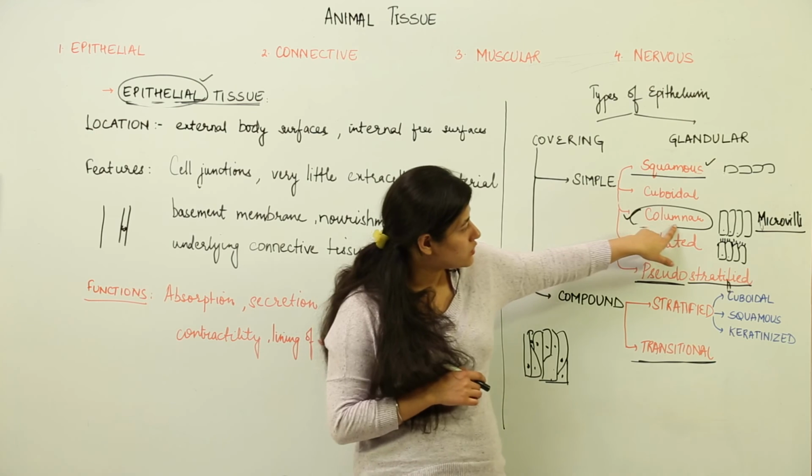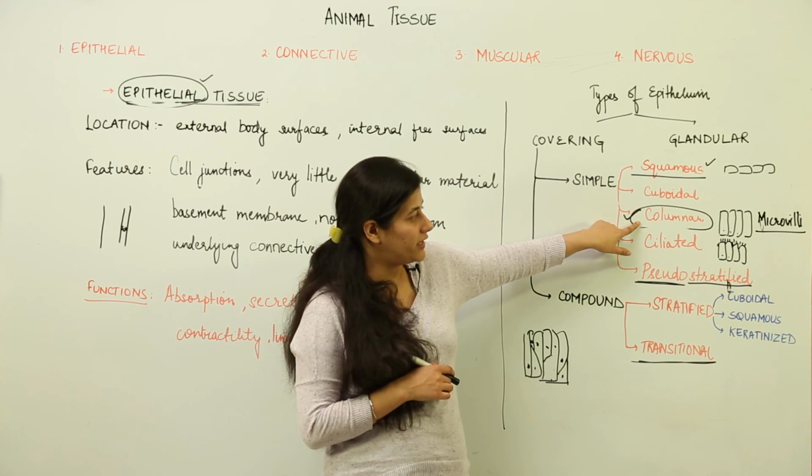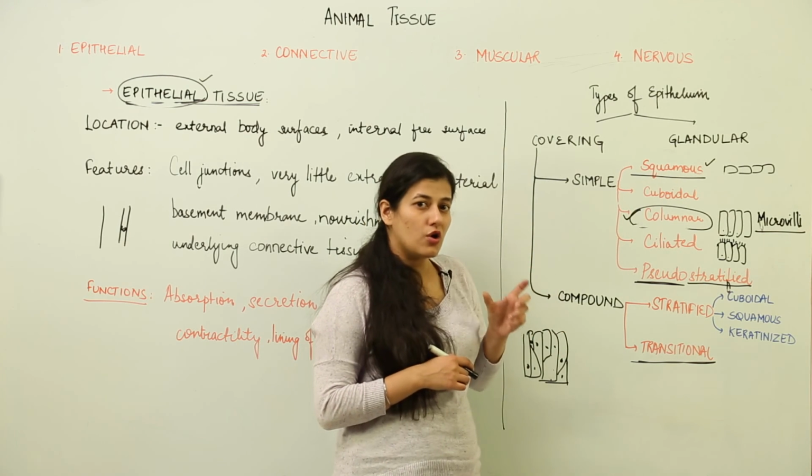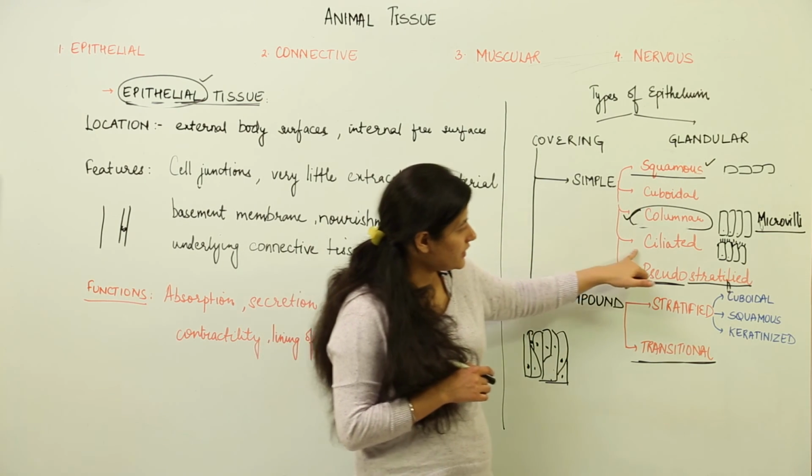So the columnar one is also known as brush border epithelium, and these microvilli increase the surface area for absorption of the food material.